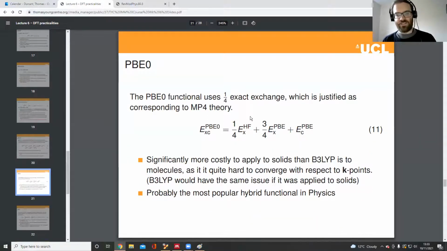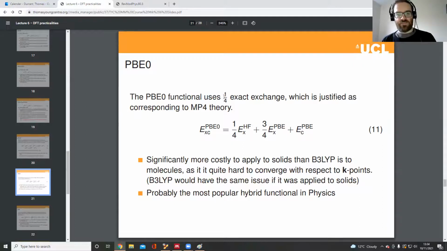The other strategy, rather than trying to fit things, is to just have a minimal number of parameters that you control. And that's the strategy taken by something like PBE0. PBE0 is all PBE correlation energy, 3/4 PBE exchange energy, and 1/4 Hartree-Fock exchange energy. So in comparison with something like B3LYP, there are fewer parameters there.